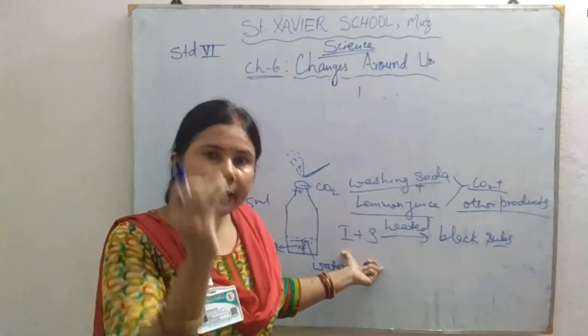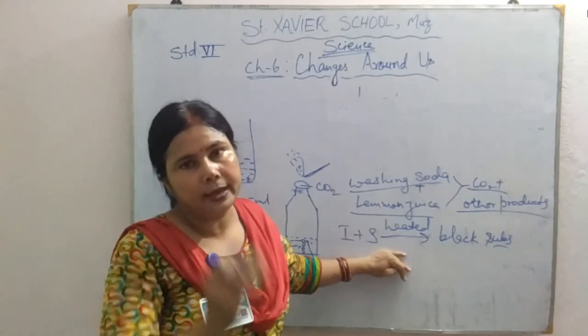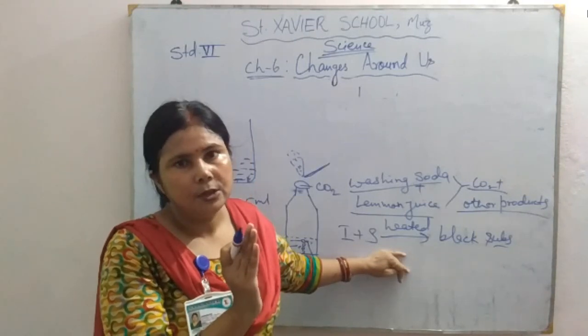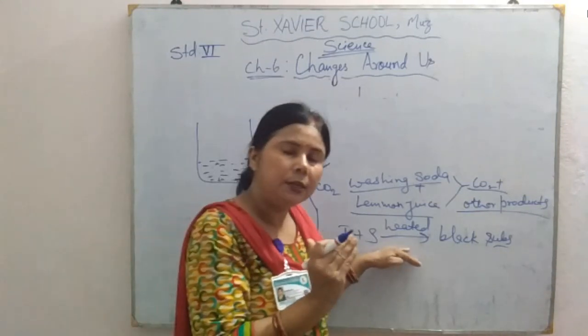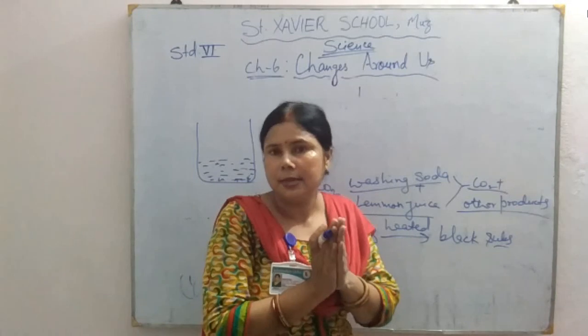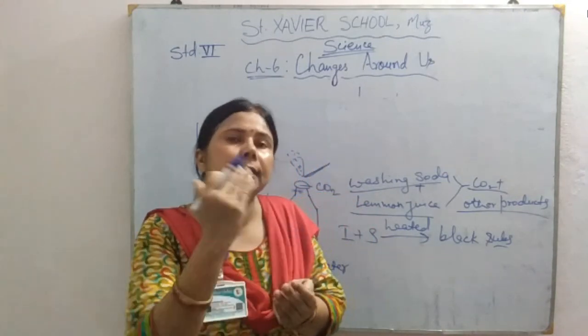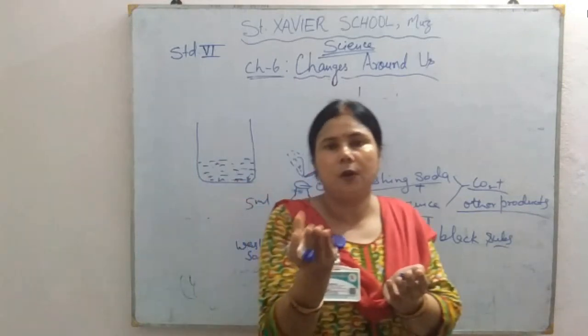So on heating there occurs a chemical reaction. So it depends on the condition in which the chemical reaction is held. Similarly, cooking food is another example of chemical reaction on heating.